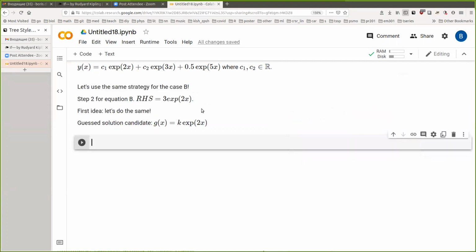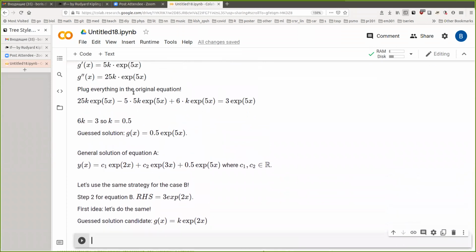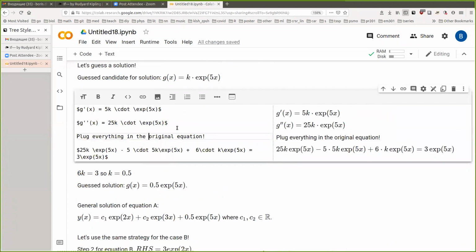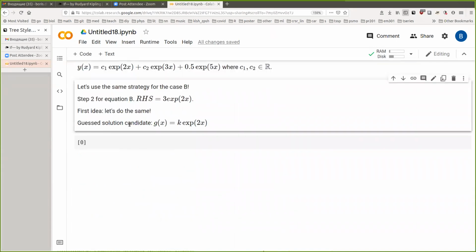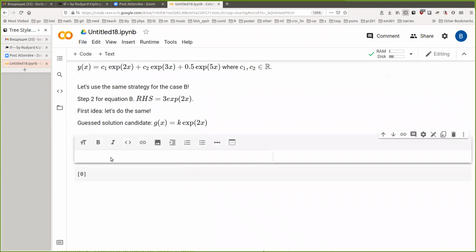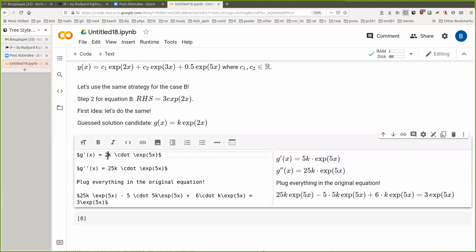Okay, let's do it like this. I will just copy these lines and plug into the original equation. The only thing that will change is the coefficient. It will not be 5, but 2.